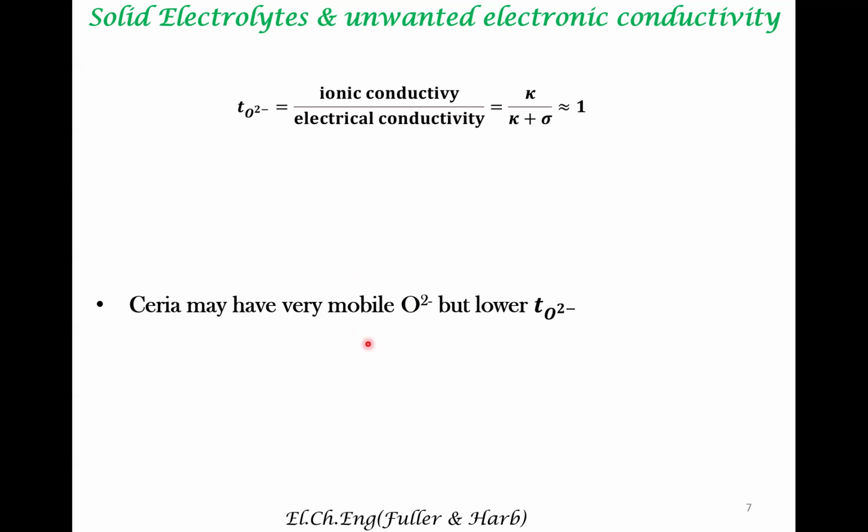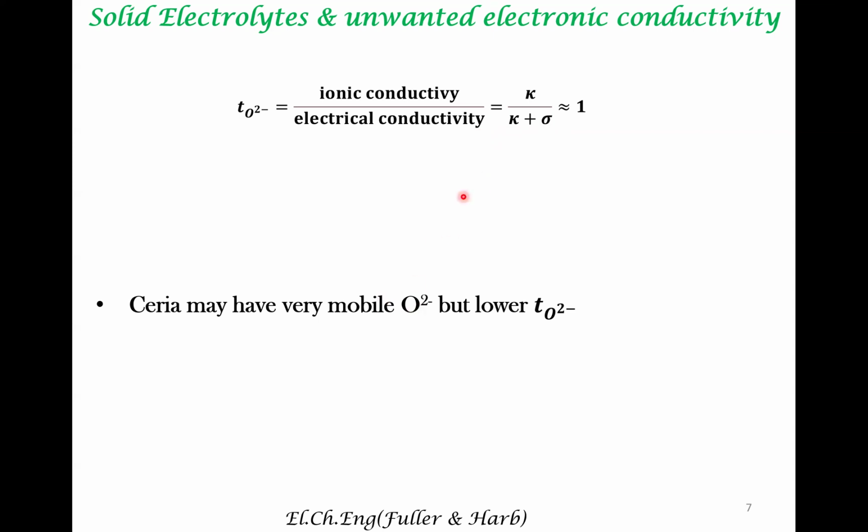However, even though this is advantageous, that is, you have greater mobility of oxygen anions in ceria, therefore lower operational temperature, the disadvantage is that in ceria, there is significant amount of electrical conductivity because of electronic conductivity. That is, the sigma in ceria is higher than sigma in YSZ.